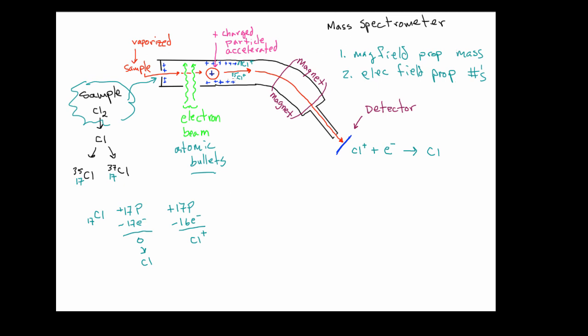Remember that the instrument has to be calibrated against a standard. And usually that standard for atoms is going to be C12. So the instrument first has to be calibrated so that we can tie a magnetic field or a magnetic force, right? Because we're going to be deflecting these atoms around a corner.